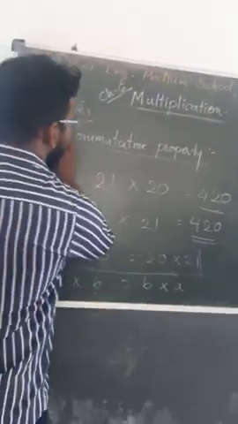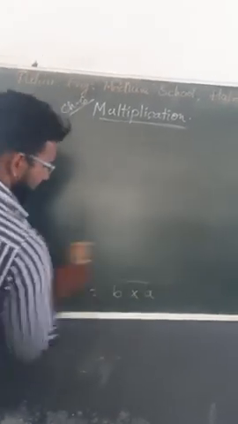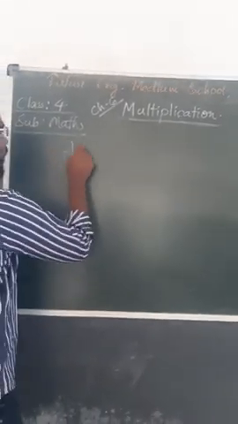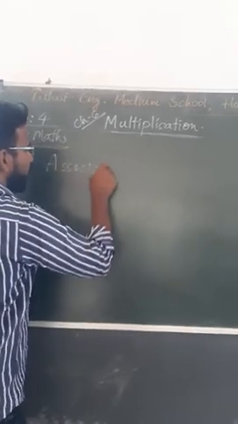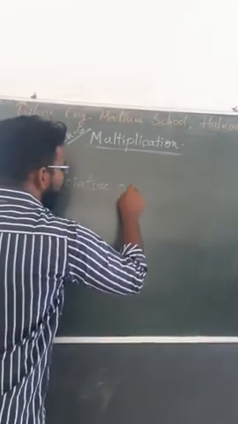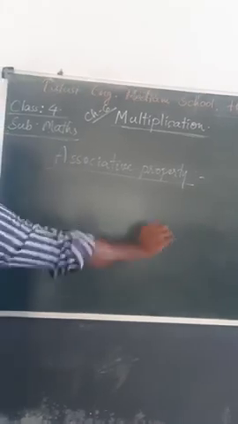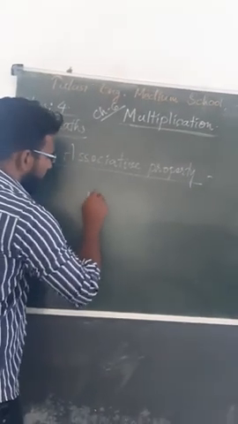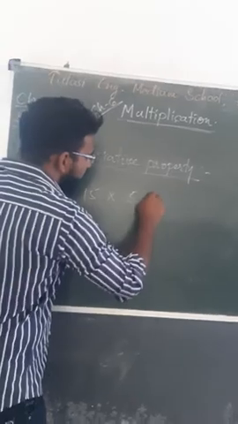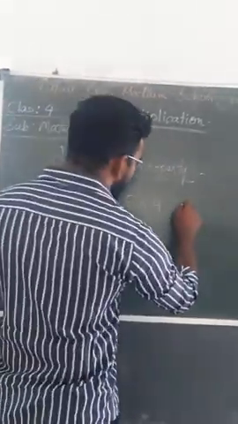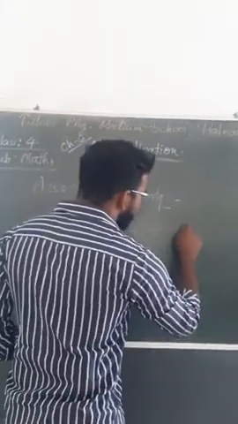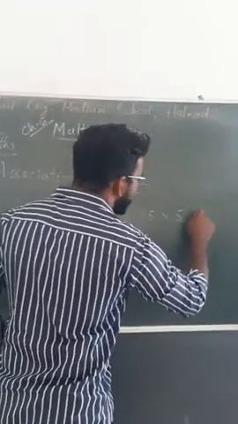Next, the associative property of multiplication. Take 15 into 5 into 4, which is equal to 15 into 5 into 4.